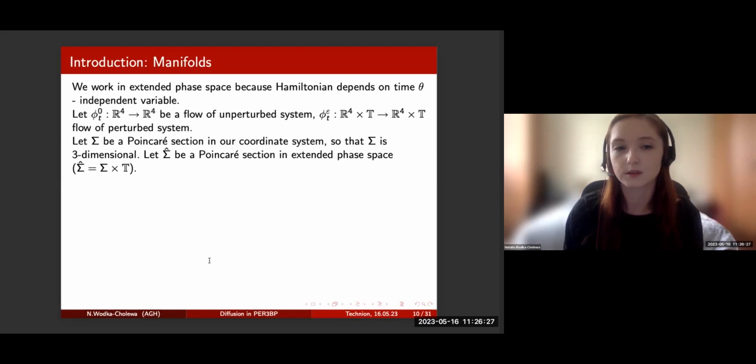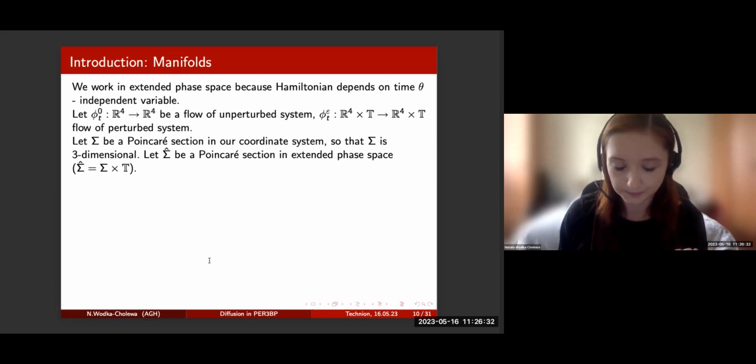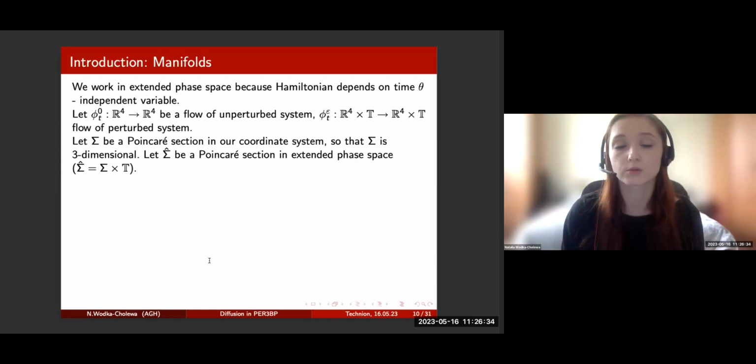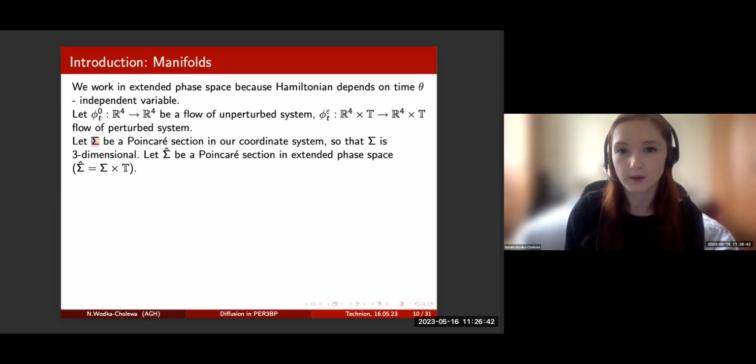So we will just take sigma times the one-dimensional torus t. Okay, so this one with the hat will be in extended phase space, and this one without the hat, it's in our coordinate system, it is just 3-dimensional, and it's for the unperturbed system, so the circular problem.